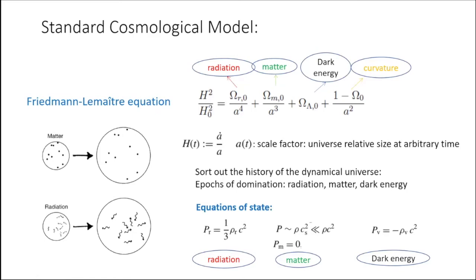So since we could sort out this time in the universe history, what dominates when, we could in particular try to solve this equation just one domination at a time, just to see how things develop during that particular domination.